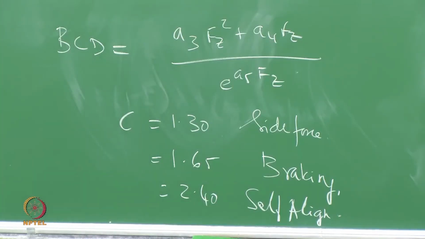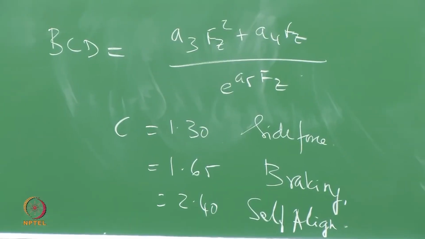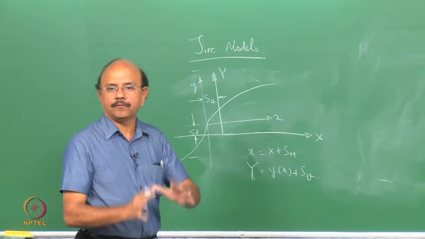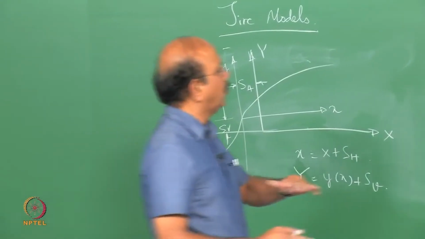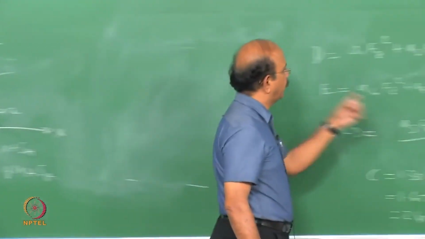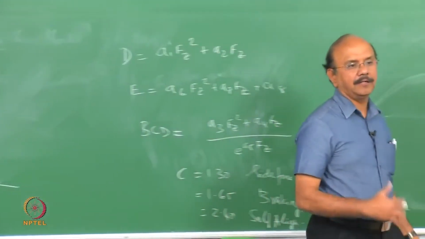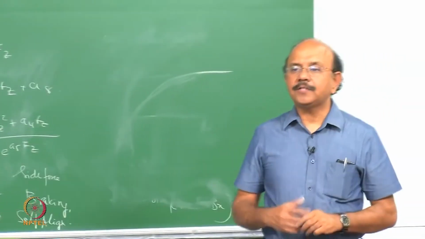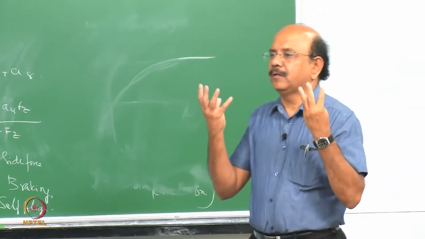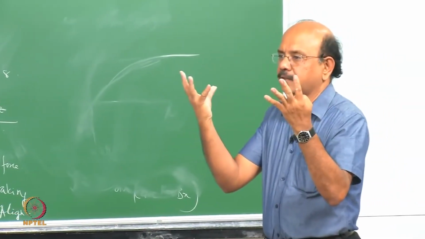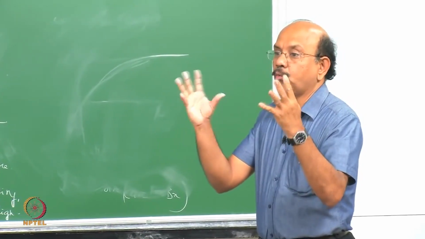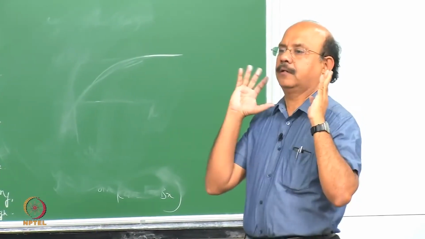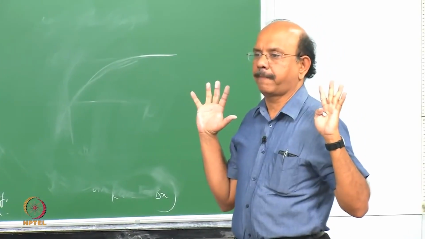Now what essentially I have done is I have shifted the onus of this curve from B, C, D, and so on to A1, A2, A3, A4, A5, A6, A7, A8. So I have now a set of parameters A1, A2, A3, which would capture these curves.